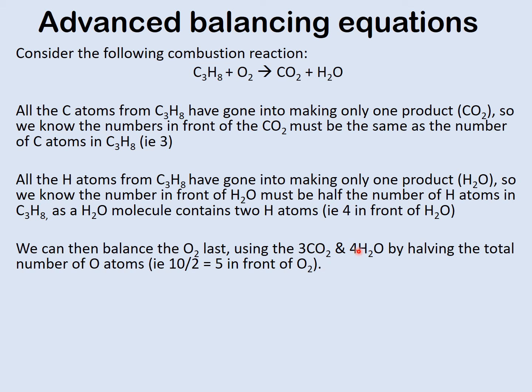So 4 plus 2 times 3, so 4 plus 6 gives 10. 10 over 2 is 5, so a 5 in front of the O2. So this one would be 5O2, 3CO2 and 4H2O. Now I appreciate again that you may well have been able to do that one relatively swiftly anyway, but you can appreciate that as things get more complex, this becomes more useful.